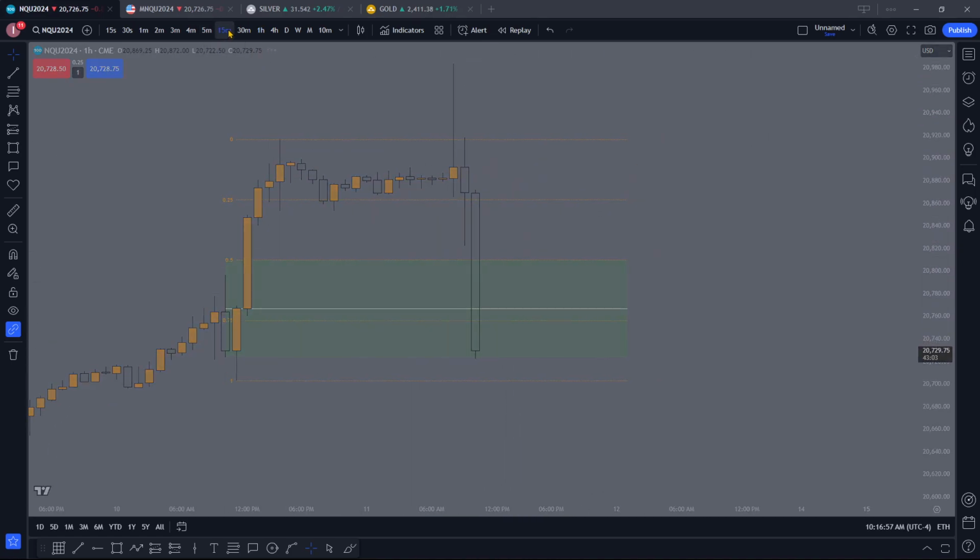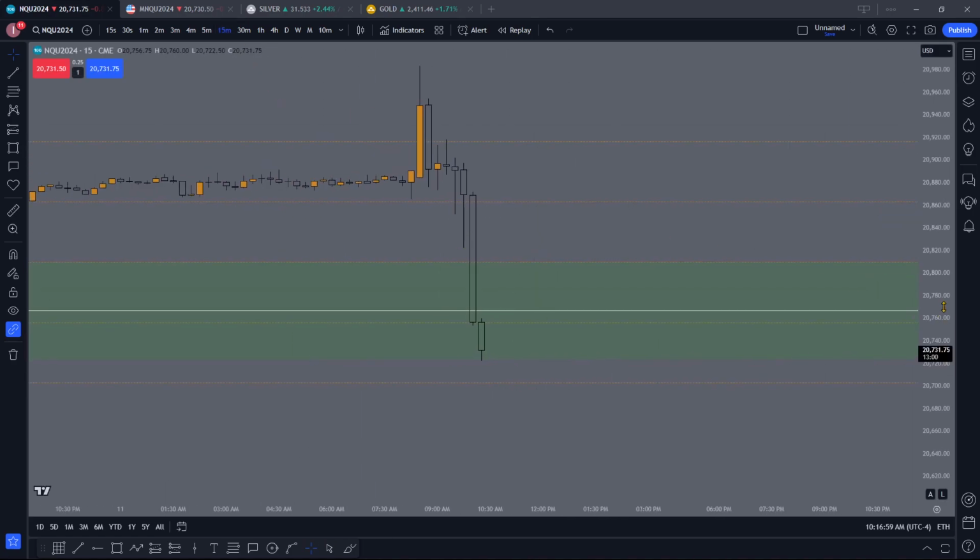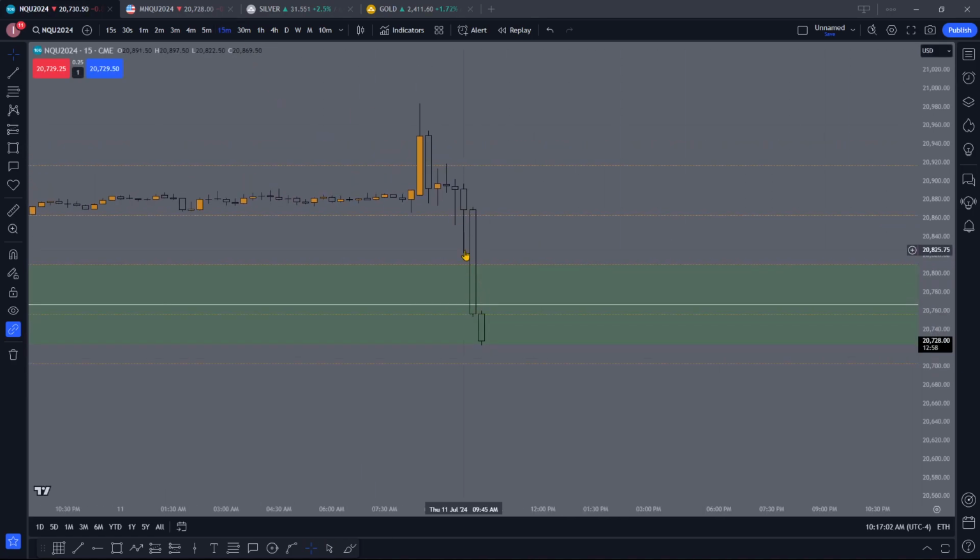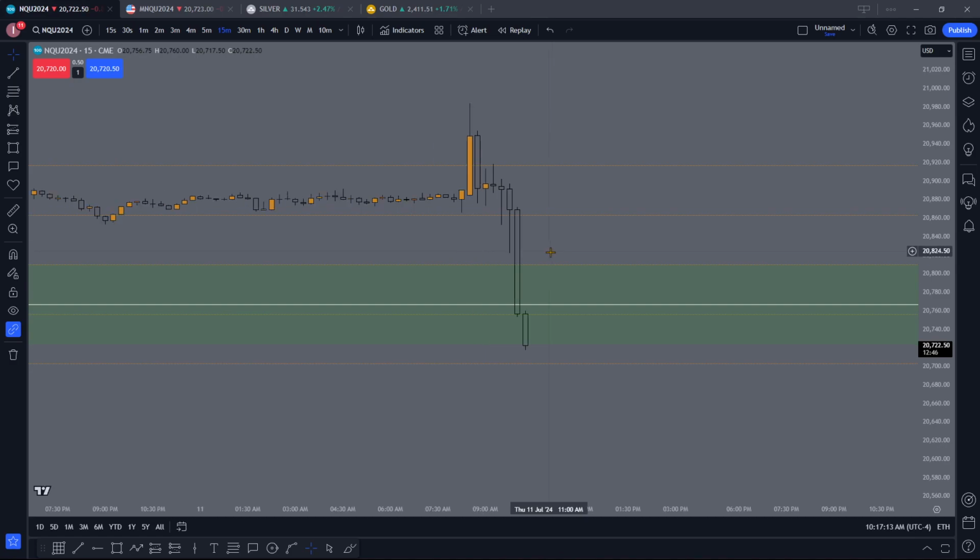Okay, so let's move into the 15-minute time frame. So we have this big inefficiency here, which if we don't rebalance, I'll be looking for that to get inversed.